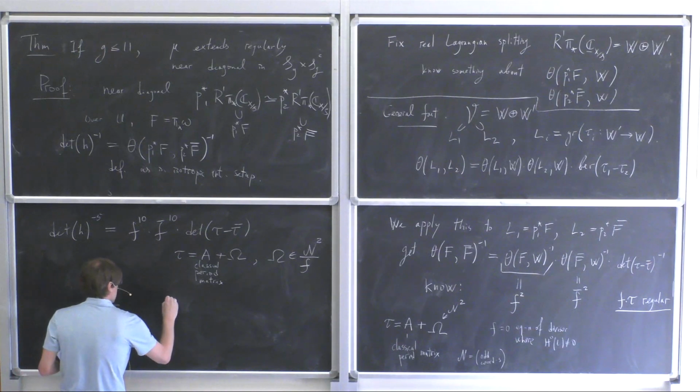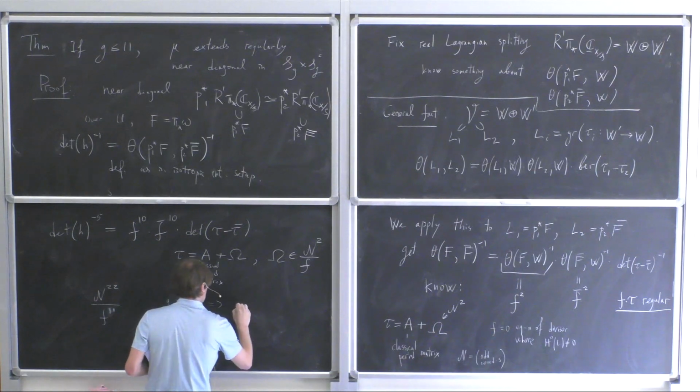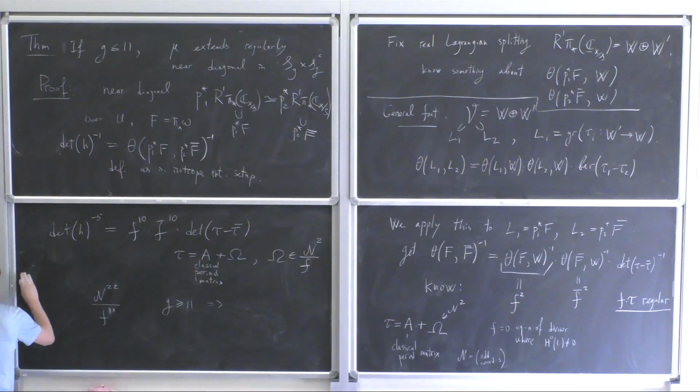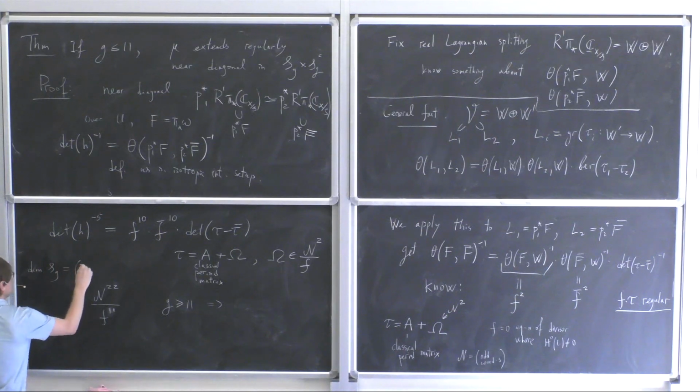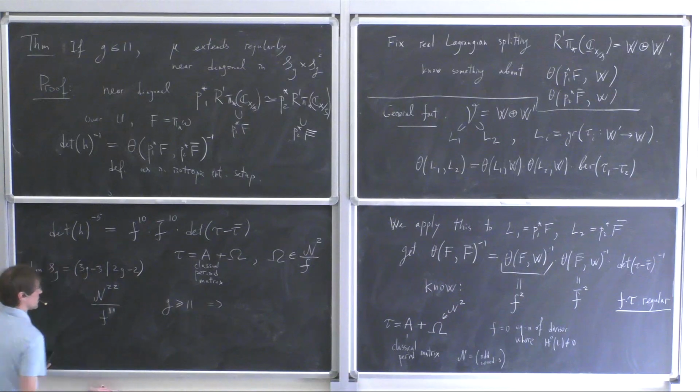But if genus is at most 11, then the odd dimension of the moduli space... Okay, I forgot to say that the dimension of S_g is 3g minus 3 even dimensions and 2g minus 2 odd dimensions.